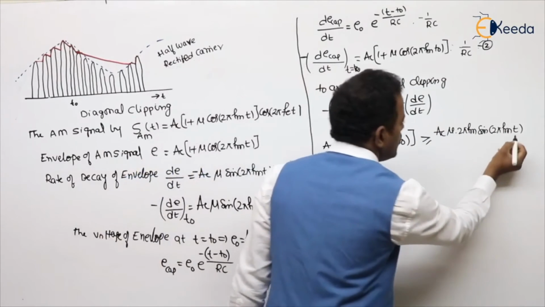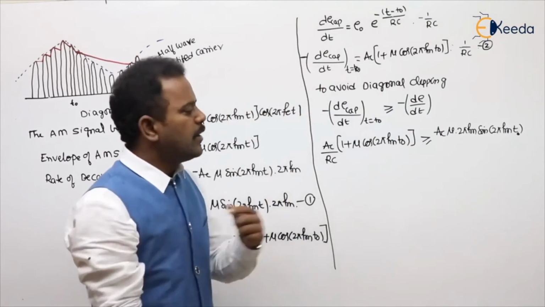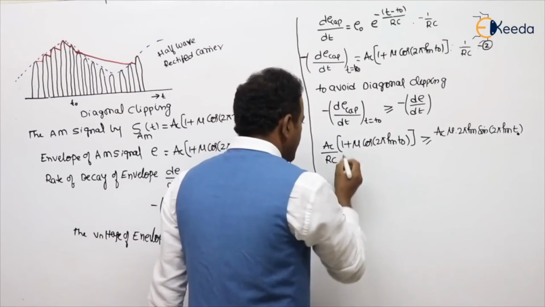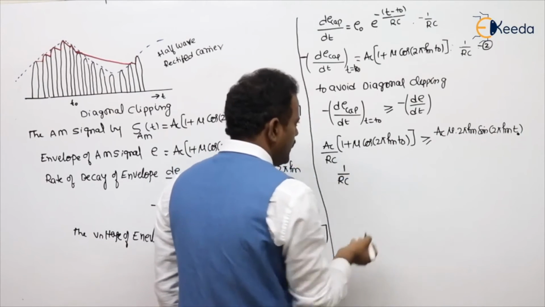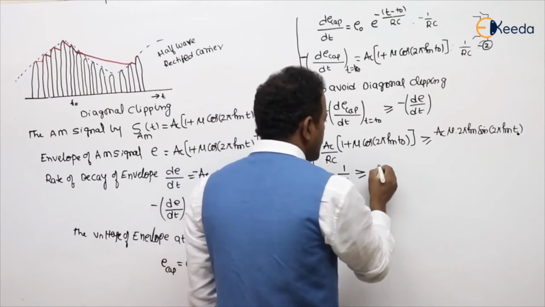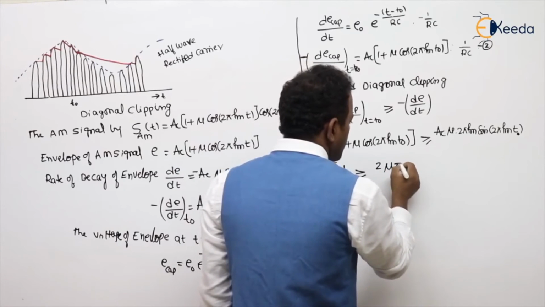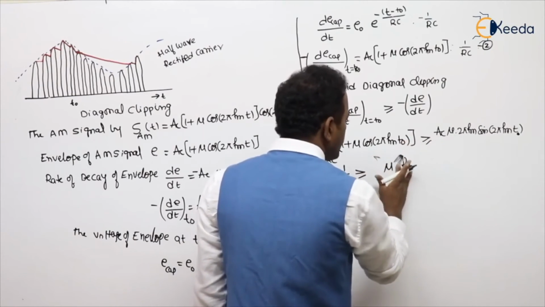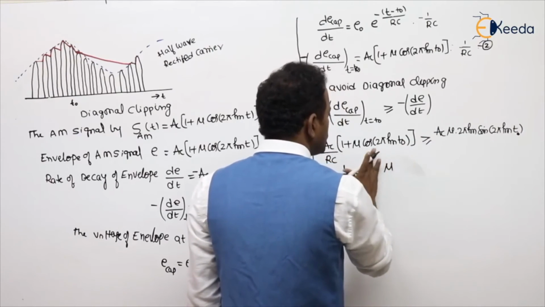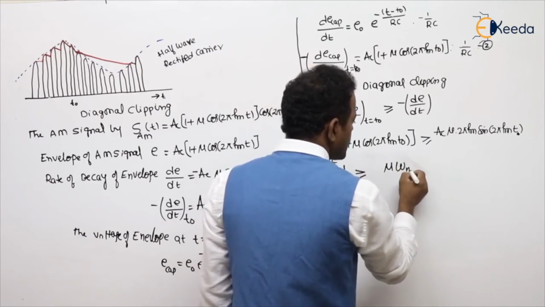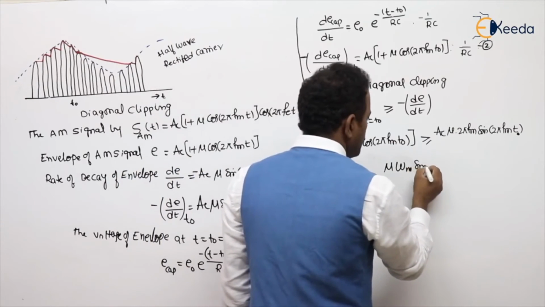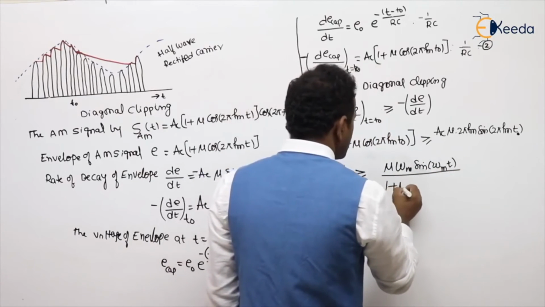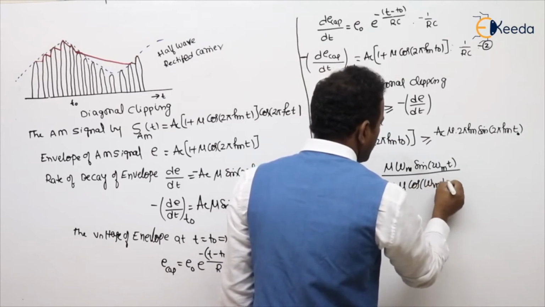But at some t naught. So finally I can write, for any instant of time t naught equal to t, that the discharging time constant 1 by RC should be greater than or equal to AC cancelled, 2 times mu into pi into Fm, or if you want a more simplified version, I can write 2 pi Fm as omega m, into sine omega m t, divided by 1 plus mu into cos omega m t.